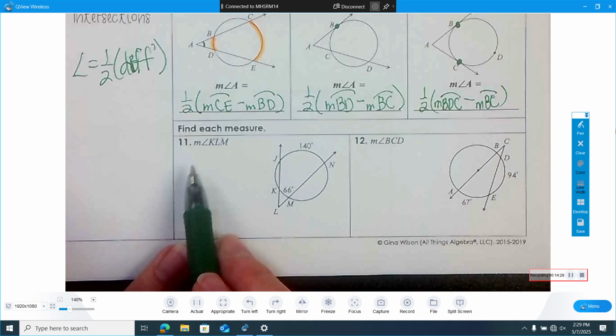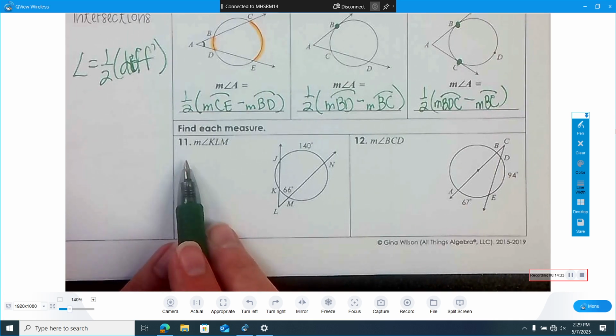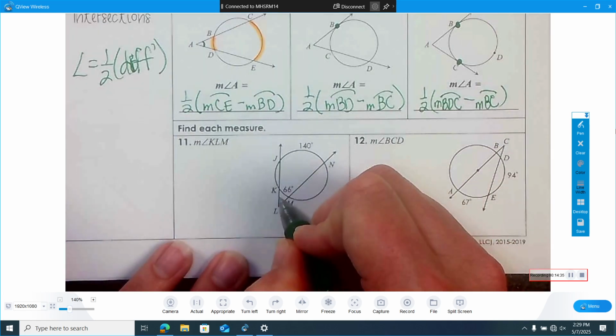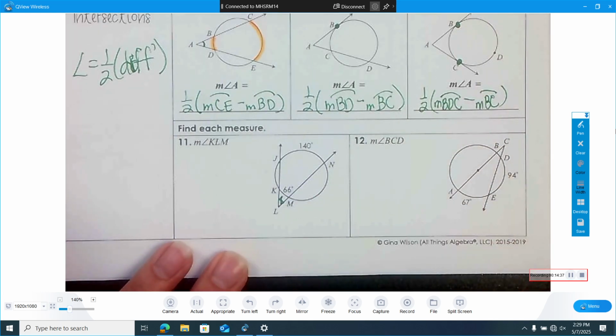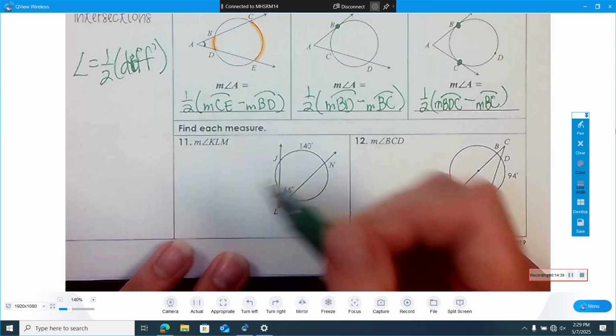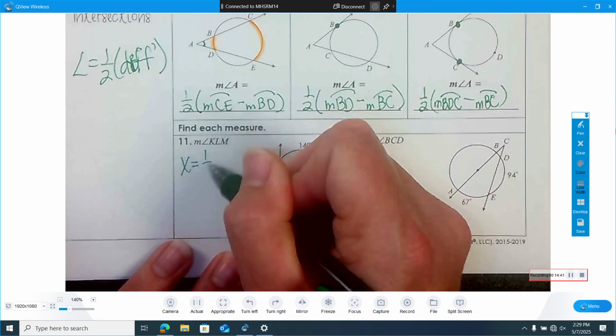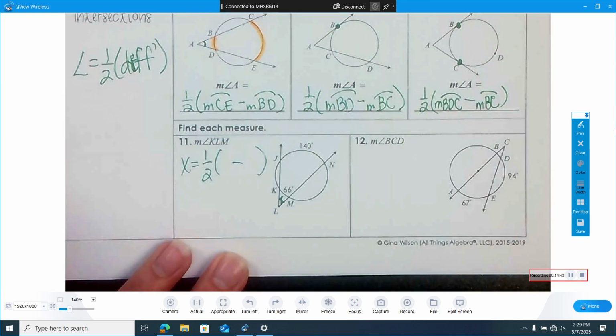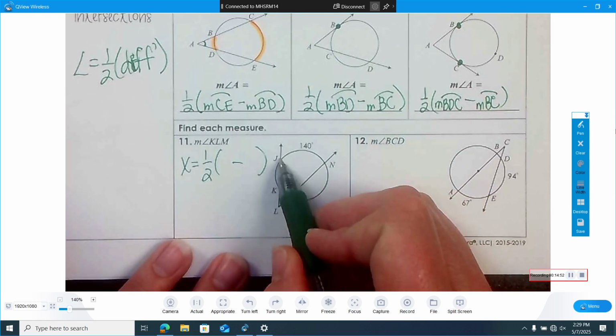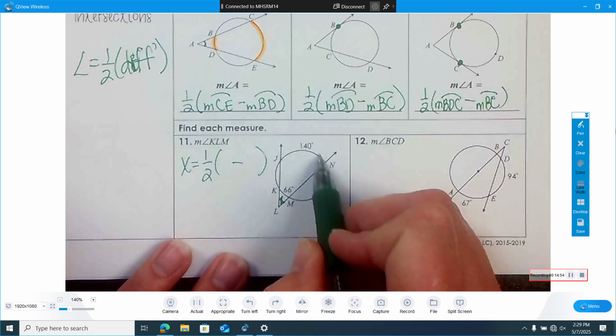All right, let's look at number 11. We want to find the measure of angle KLM. That's right here. So I'm going to call it X. So X is half the difference of what minus what? Yeah, 140 minus 66, half the difference.